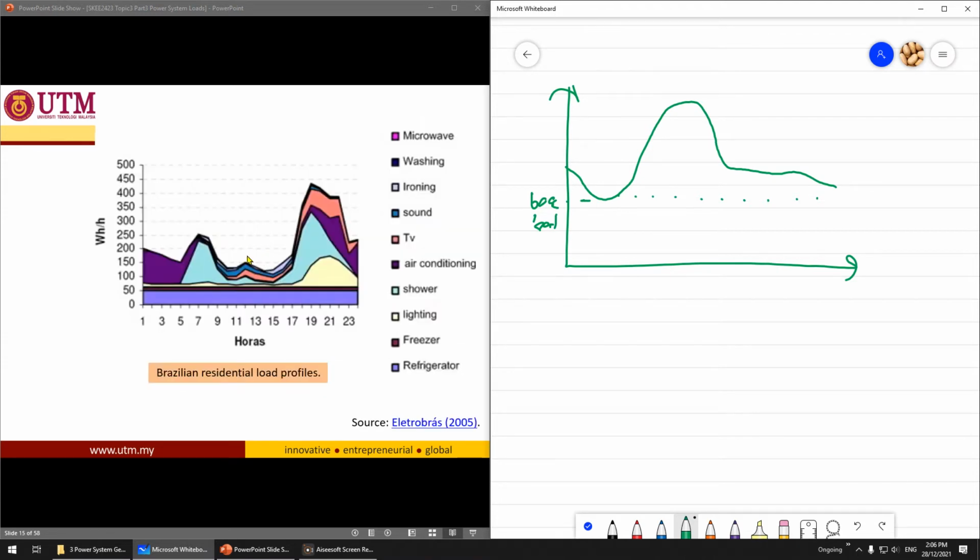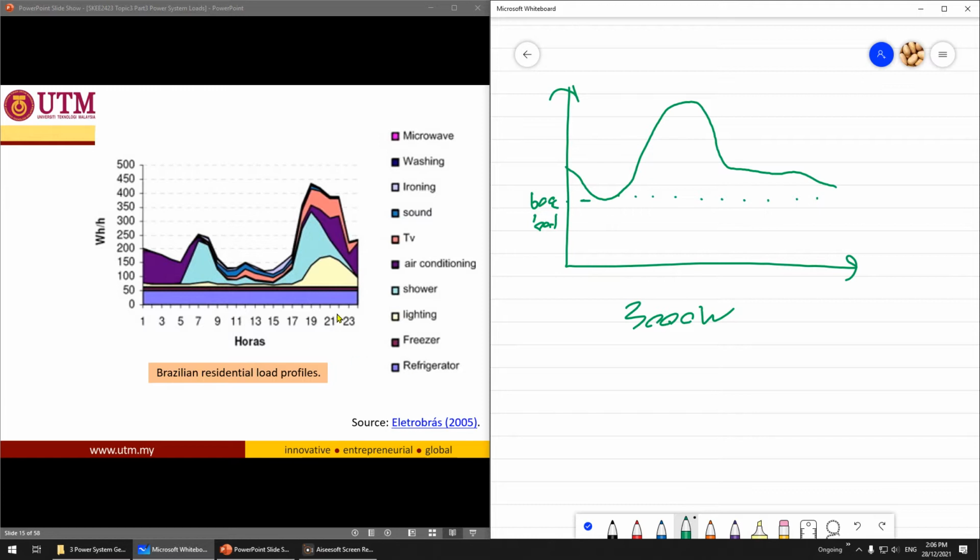So this is another load profile example. You can see here microwave, washing machine, iron. The largest one is the shower. The heater of the shower is quite large, I think it's around 3000 watt. And what else?